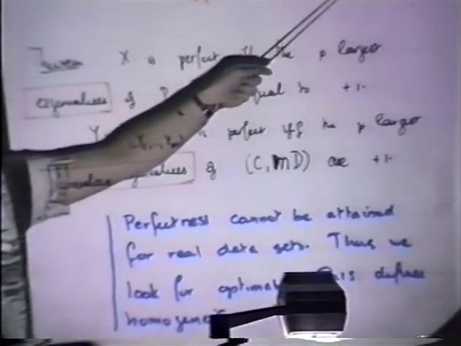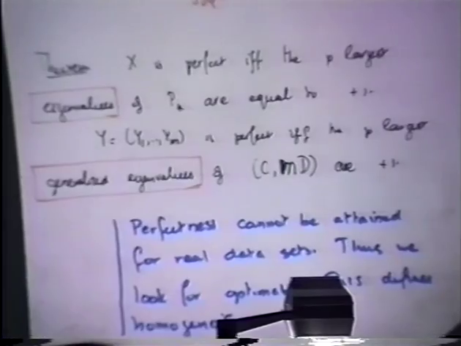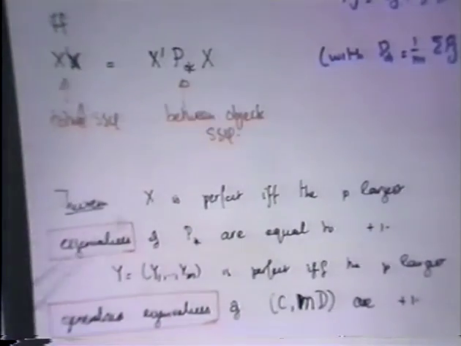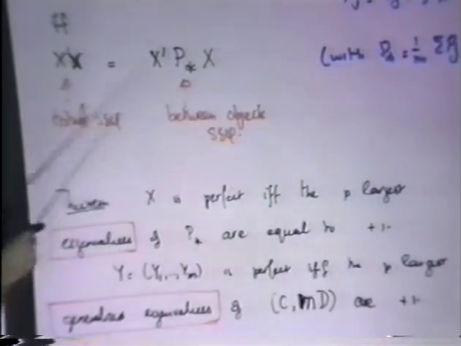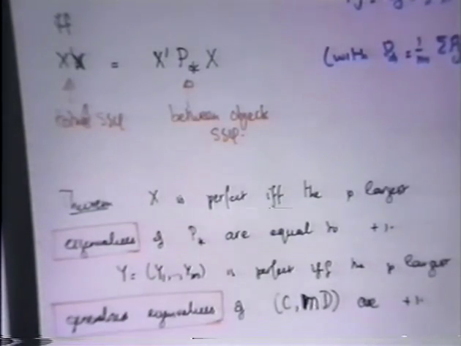Remember that P star is the average projector, which means projectors have eigenvalues which are between 0 and 1. Average projectors have eigenvalues which are between 0 and 1. X is perfect, well, it says the same thing over here, if and only if the P largest eigenvalues of P star are equal to +1.